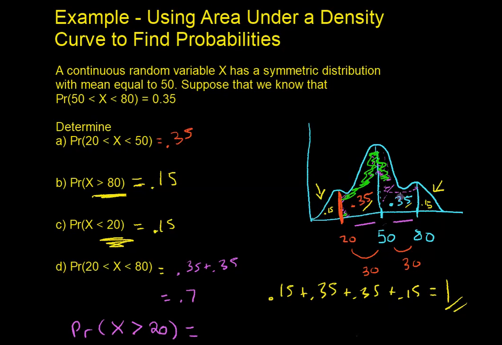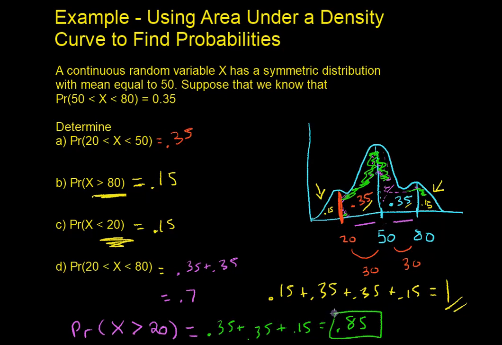It's all the way over here and all the way over here. So if I add up those three areas, that's 0.35 plus 0.35 plus 0.15, which adds up to 0.85.